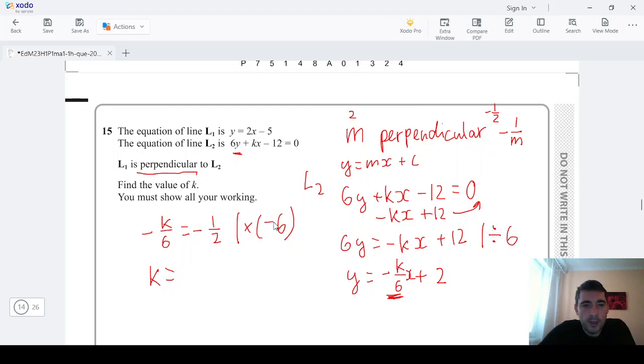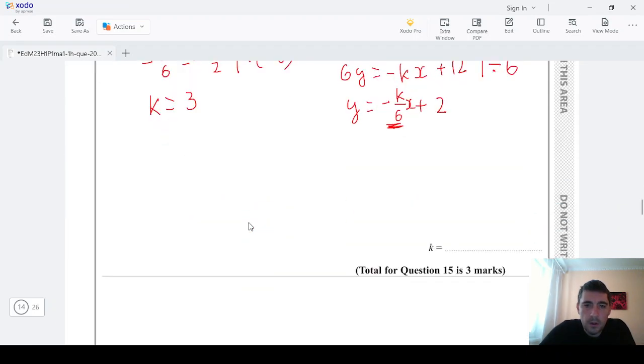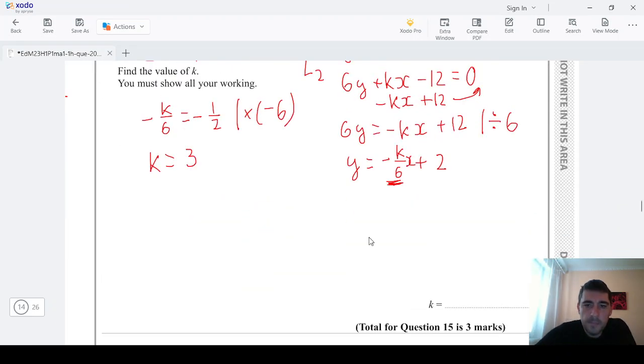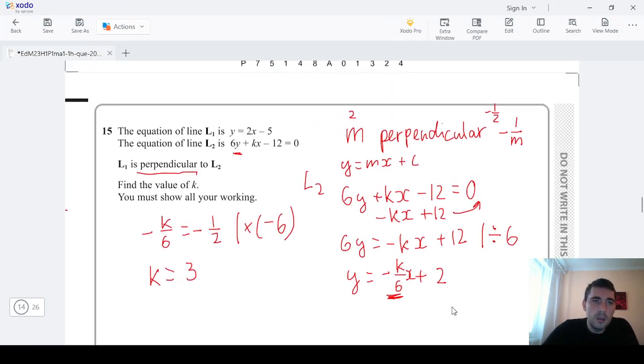Negative times negative makes positive, and 6 halves simplifies into 3. Okay, so our value of k is equal to 3, and that's another 3 marks in this exam.